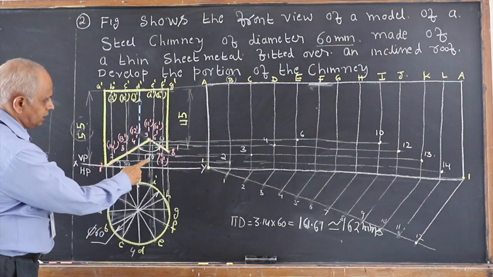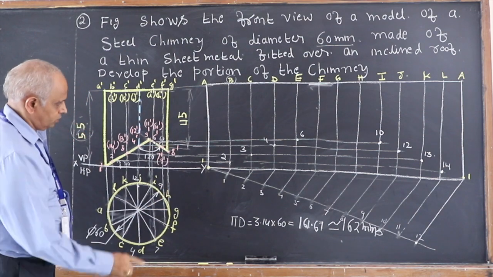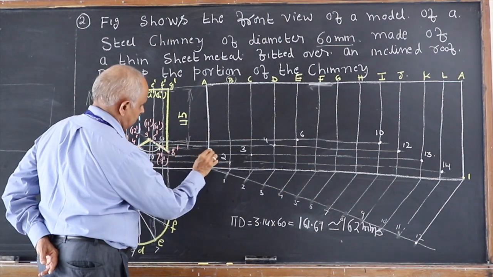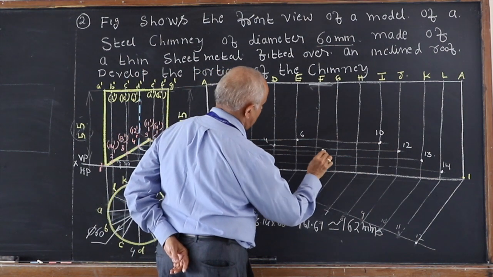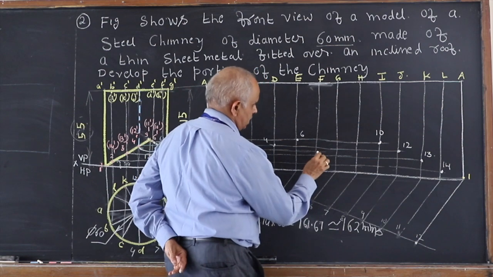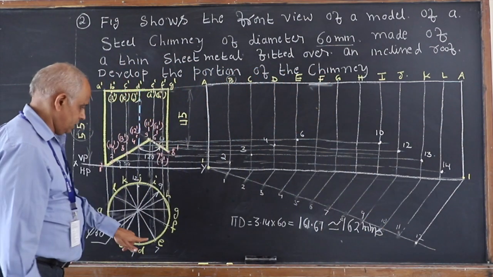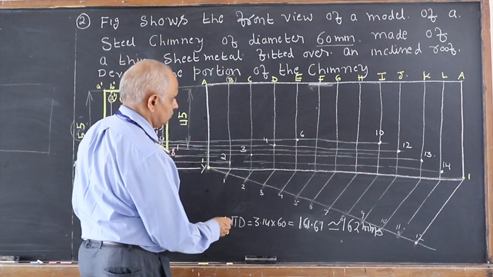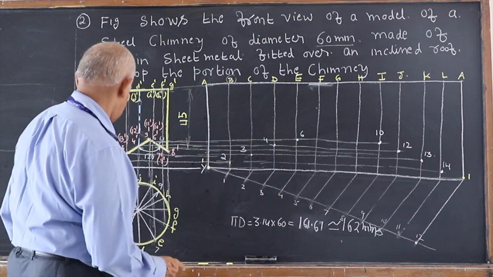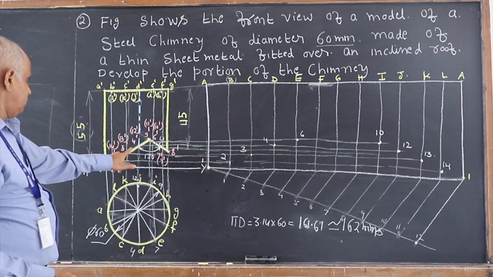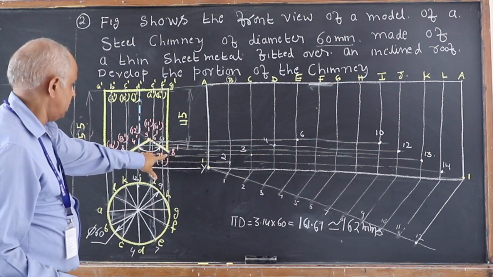Okay, and then 7 and 9 are on E and H. So 7 and 9, if I project it somewhere here, 7 and 9. If you observe, 7 is on E. Did I make a mistake? 7 is on E. 1, 2, 3, 4, 5, 6, 7, 8.